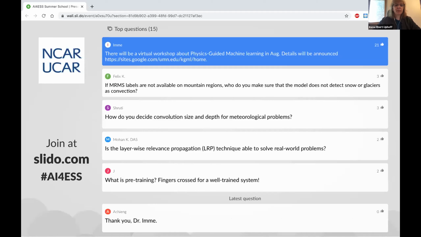If MIMS labels are not available in mountain regions, how do you make sure that the model does not detect snow or glaciers as convection? That is an excellent question, and we haven't gotten there yet. We are right now mainly testing it in regions where we actually do have ground truths. And it's exactly one of those things where the earth sciences are so important, because you just generate a hypothesis.